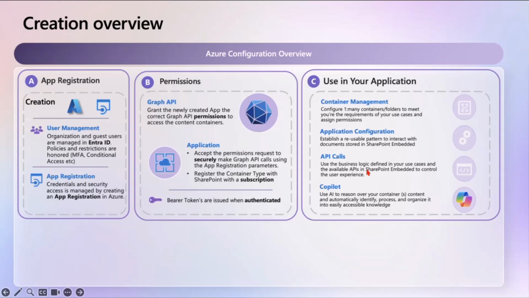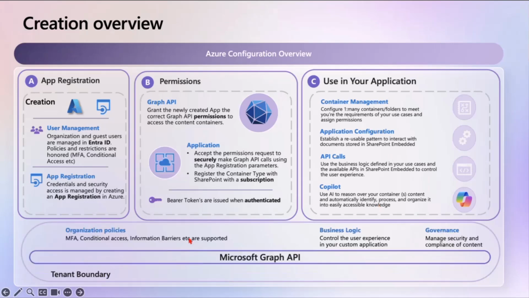Everything is based on those Graph API calls that we're going to see in just a second, and built on all of the governance and configuration that you have in your tenant today. So if you've got MFA and conditional access set up, great. SharePoint Embedded is going to respect that, apply that business logic, and, by the way, include some governance there so that we can make sure everything is compliant within your environment.